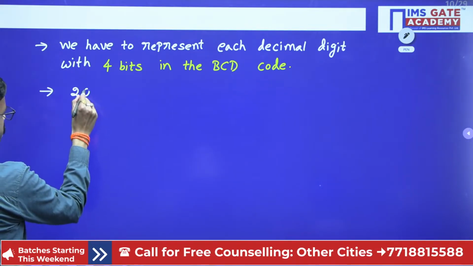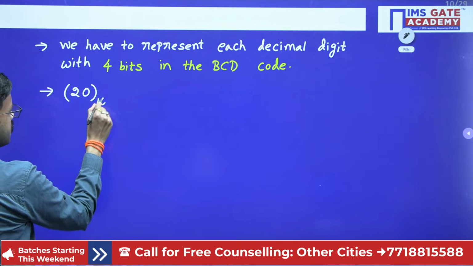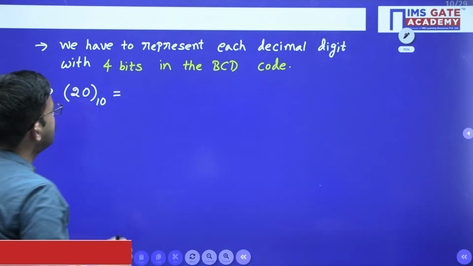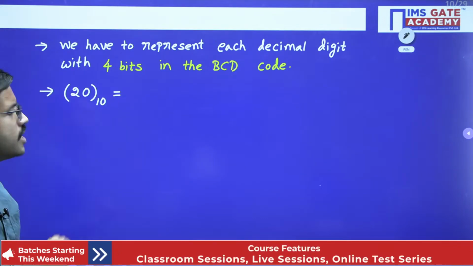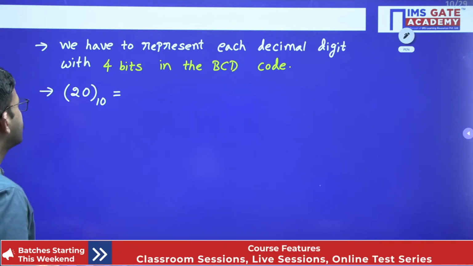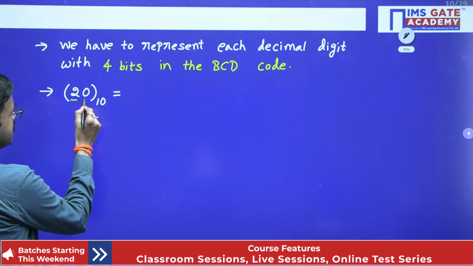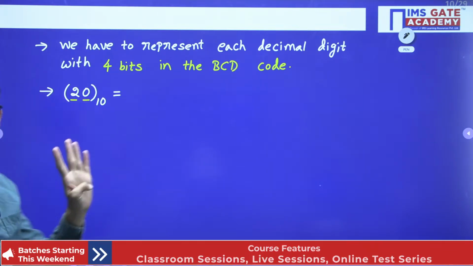Suppose you want to represent 20, the decimal number, in the BCD code. What you have to do? You have to represent each and every decimal digit with 4 bits.